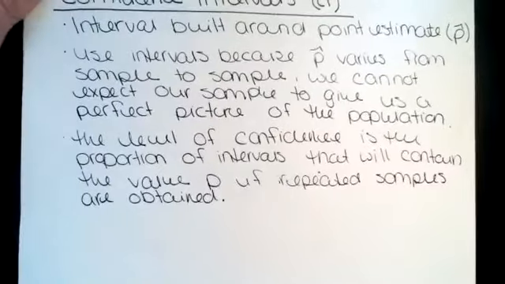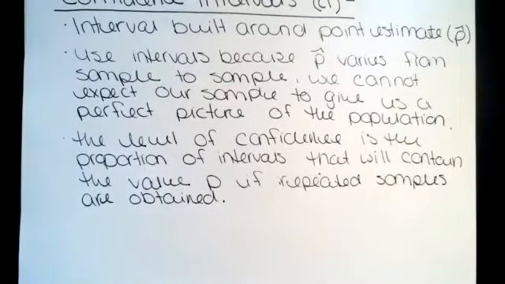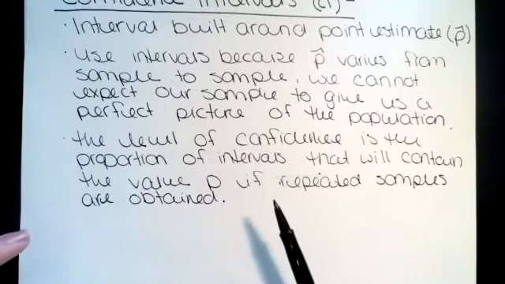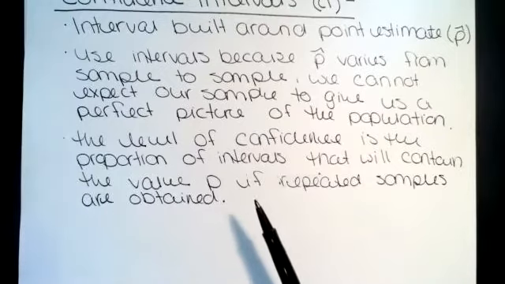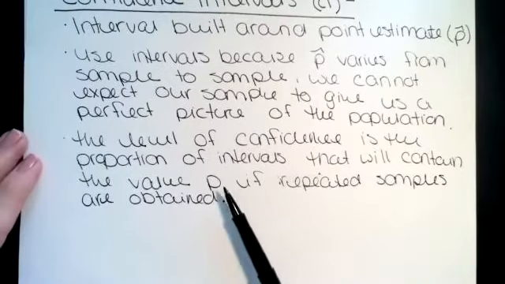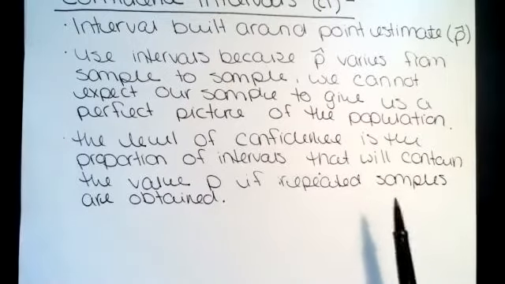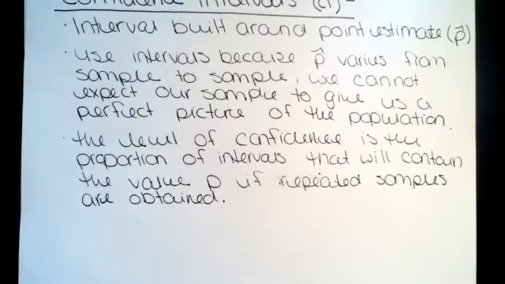We won't just be building one type of confidence interval all the time. We're going to have a certain level of confidence, and that level of confidence is going to tell us what percentage of intervals that we build will contain our value p, if we get multiple and multiple samples and keep building different CIs over and over again. Okay, that's what I'm looking at when we're talking about this level of confidence.